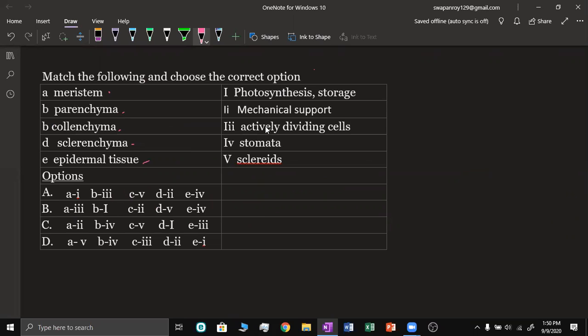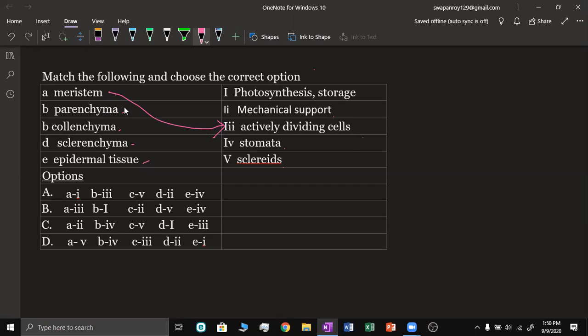And this side is photosynthesis and storage, mechanical support, actively dividing cells, stomata and sclerids. What will be the matching for this? Meristem is actively dividing cells.